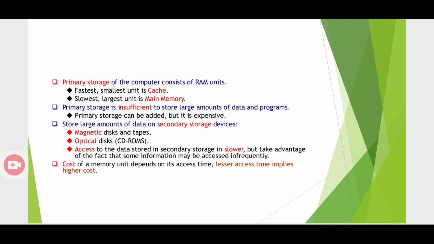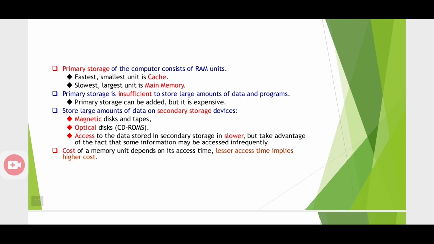The smallest and fastest memory is the register memory, which is generally attached to the processor. The slowest and largest unit is the main memory, when we compare cache and main memory. We have four memories: registers, cache, main memory, and hard disk or secondary storage.